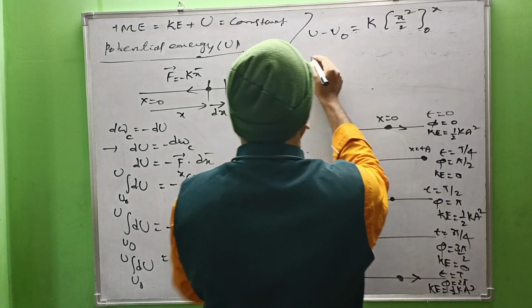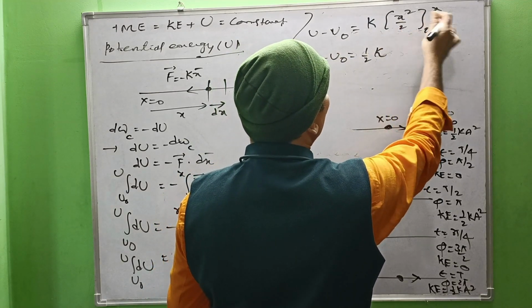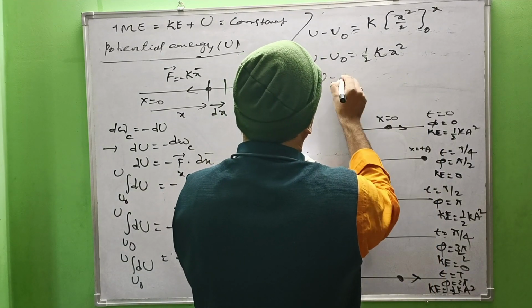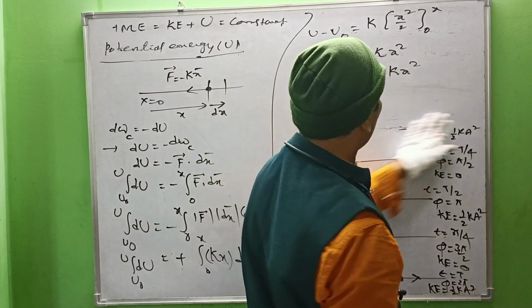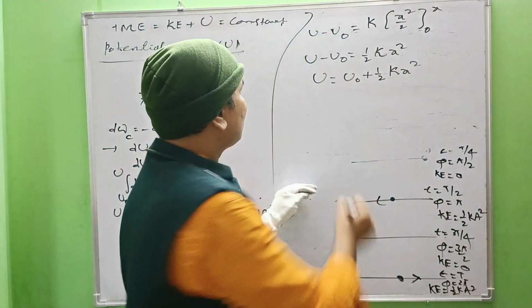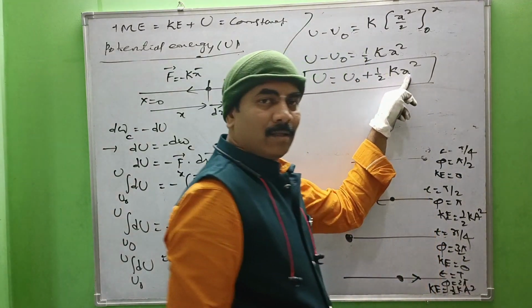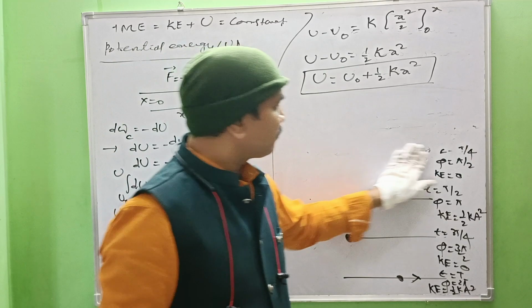So U minus U naught equals half k x square. So U equals U naught plus half k x square. This is the variation of potential energy with position x: U naught plus half k x square.